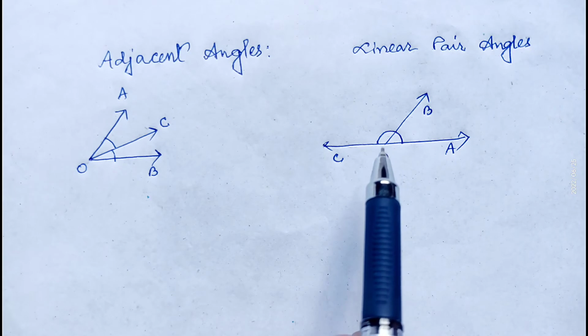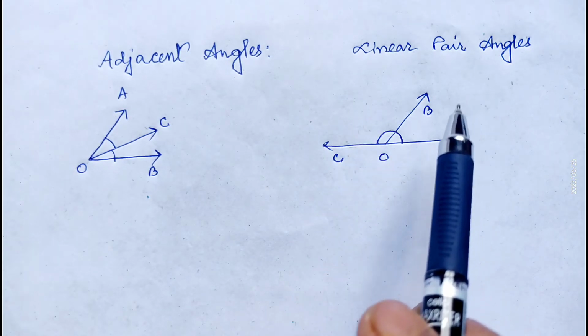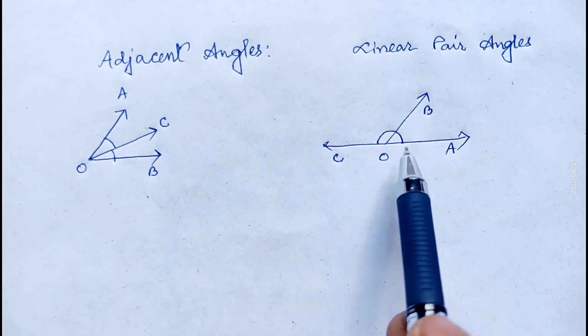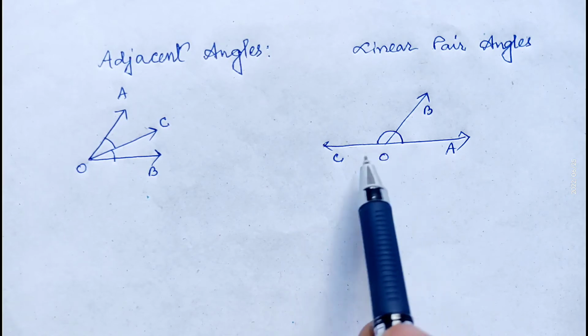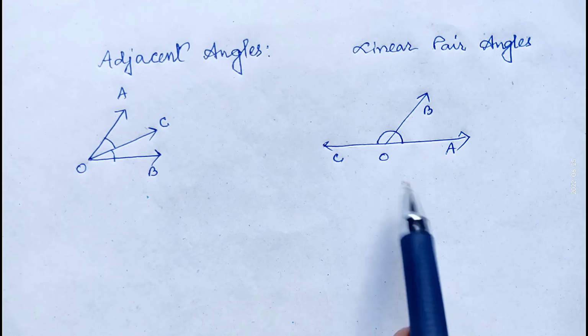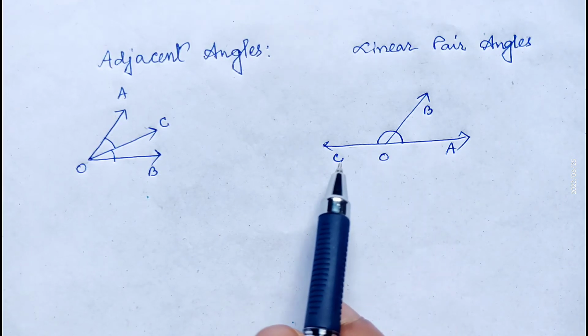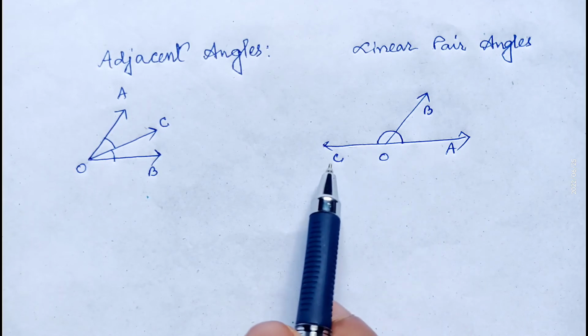The second term that you should know is linear pair angles. Suppose AOB and BOC are two adjacent angles. Then these adjacent angles will form a linear pair if their non-common arms, here OA and OC, are on the opposite side.